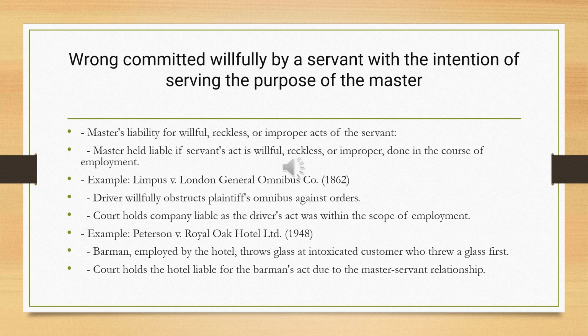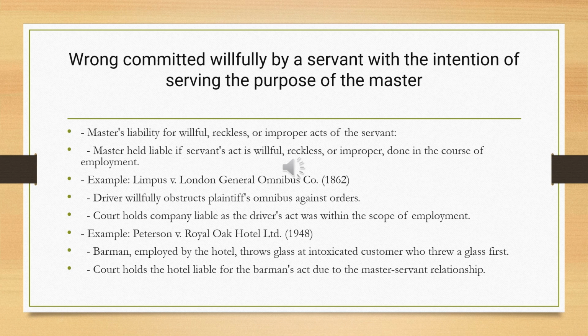In Limpus versus London General Omnibus Corporation 1862, the driver of the defendant company, willfully and against the express orders not to get involved in racing or to obstruct other omnibuses, had driven to obstruct the omnibus of the plaintiff. The court held that the defendant's company was liable for the act of the driver because the driver's act of driving the omnibus was within the scope of the course of employment.